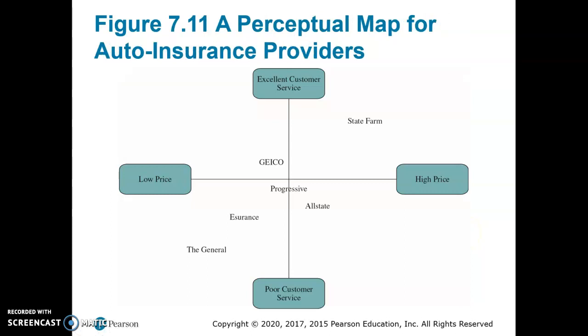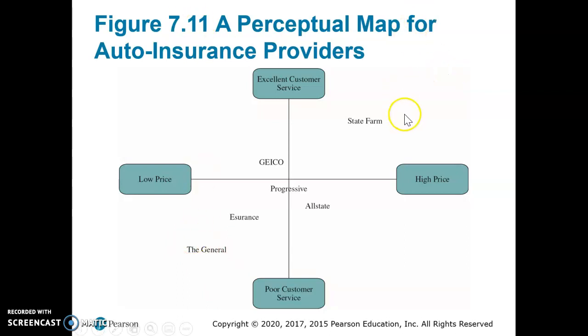So we can also look at a perceptual map that can help us to position ourselves. And so this is one for insurance providers. You pick 2 factors, so price and customer service here. And you can see where there are gaps or how you're perceived. So the general is going to be low price, but really not a lot of customer service.